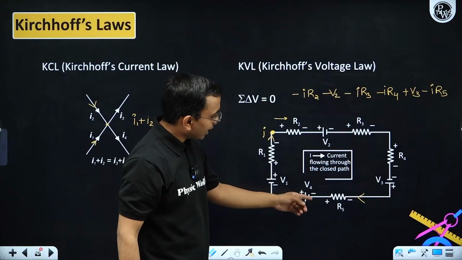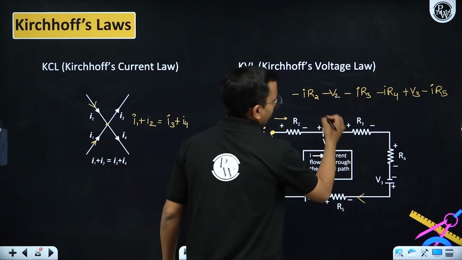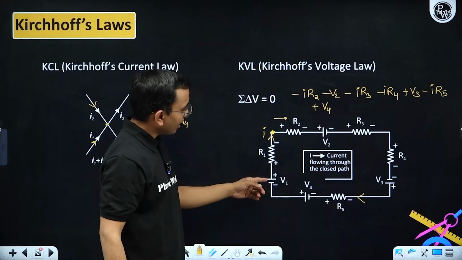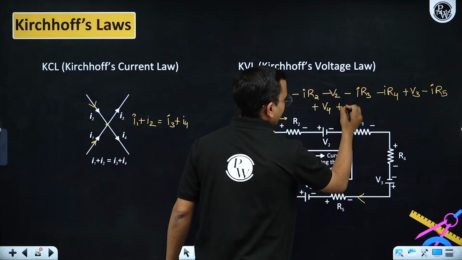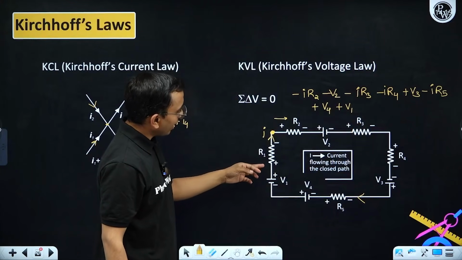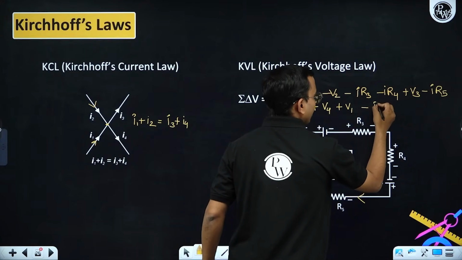Then a battery, negative to positive, drop or gain? Gain, plus V4. Then again a battery, again, plus V1. And then this R1, again a drop, so minus IR1.